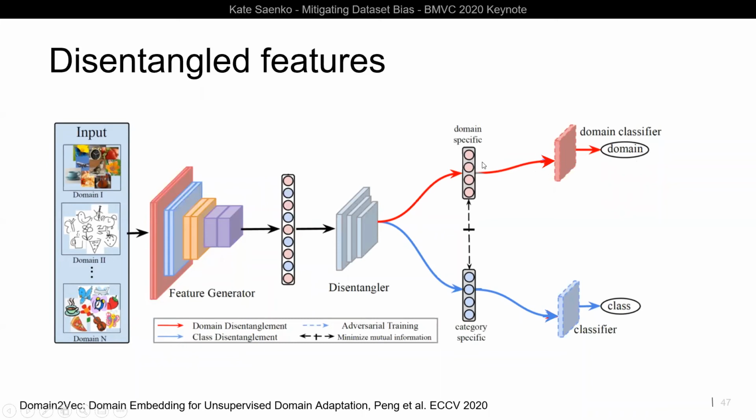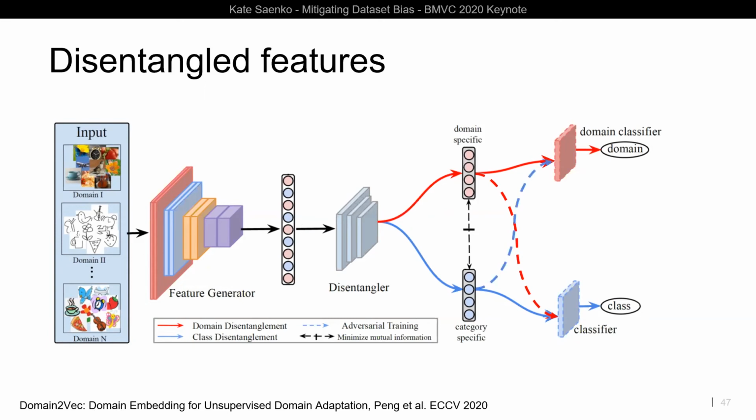And so we train this feature vector with domain classification loss, while the category-specific part is fed into our task classifier that tries to predict the class of the image. And so that's how this part is trained. And in addition, we also add an adversarial loss onto the domain-specific feature vector, which trains it in such a way that the classifier cannot predict the class from the domain-specific feature vector. Right? So we want to do this because we want to remove any class-specific information from the domain-specific part.